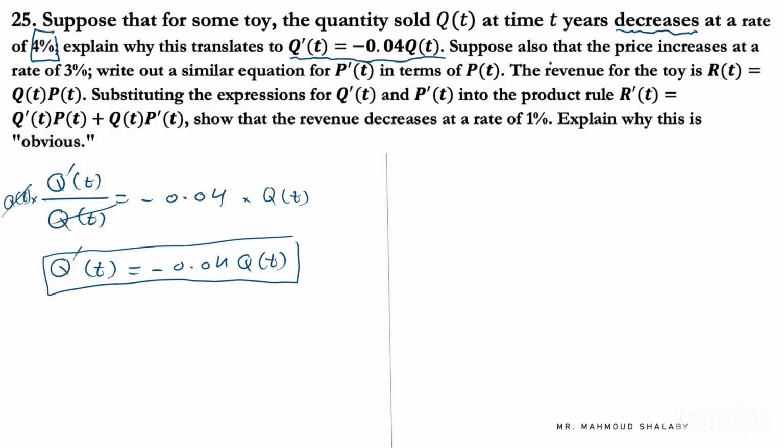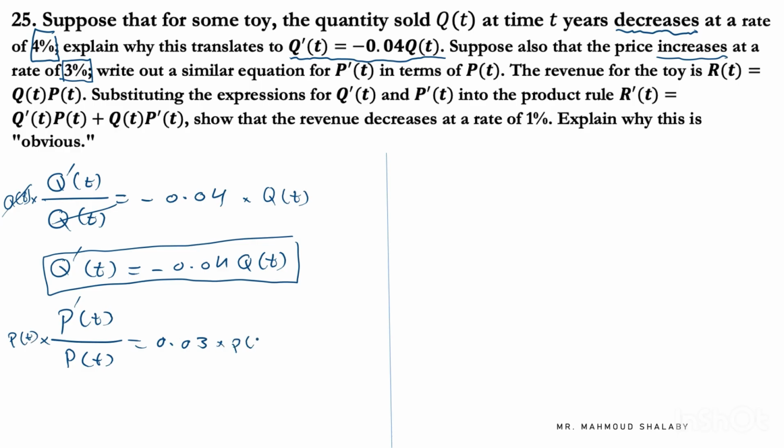And it says here, suppose also that the price increases at a rate of 3%. Again, we have a relative rate of change, and it says increase, which means it's positive, but this is the price, which we call P. P prime of t over P of t equals 0.03, so P prime of t equals 0.03 multiplied by P of t.